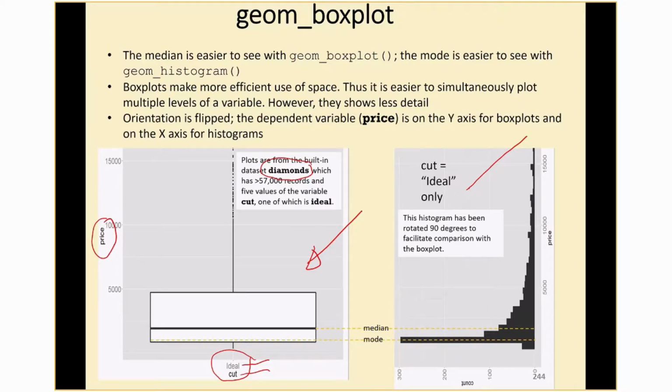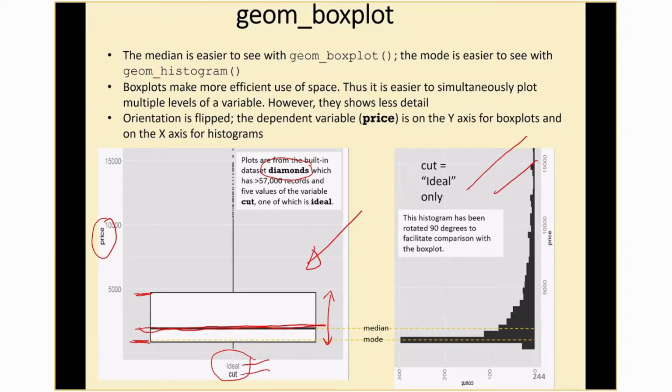This thick line shows us that the median price for these diamonds looks to be about $2,000. If we think about the interquartile range that forms this box, it would appear that about half the diamonds would lie between a value of about 1,500 perhaps and a little shy of 5,000. We can compare that with a histogram.